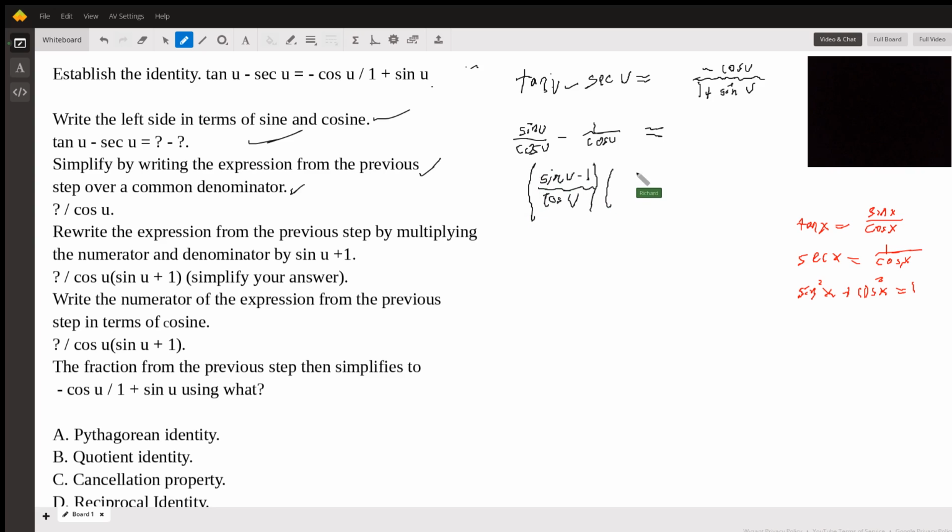So the conjugate is sine u plus 1 over sine u plus 1.